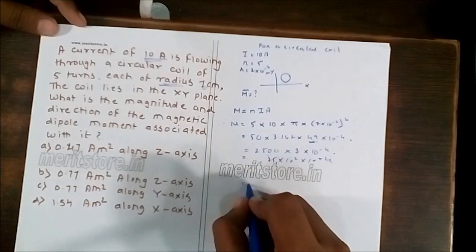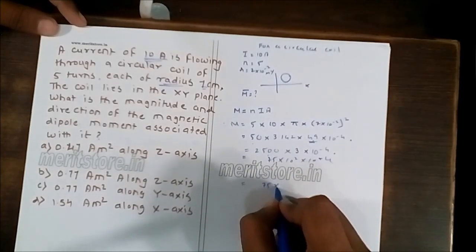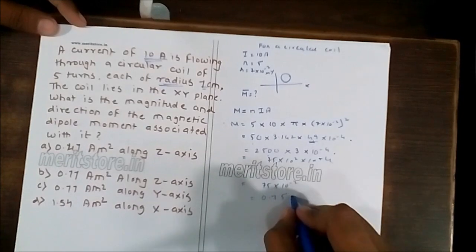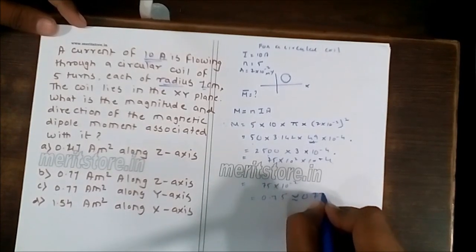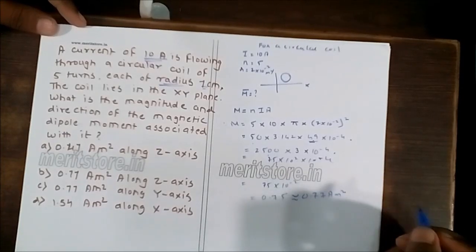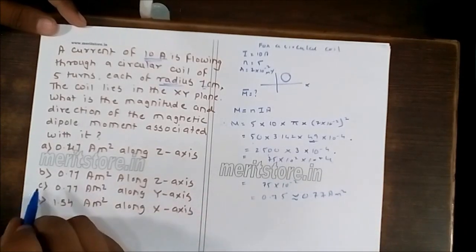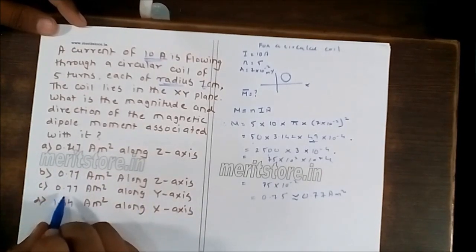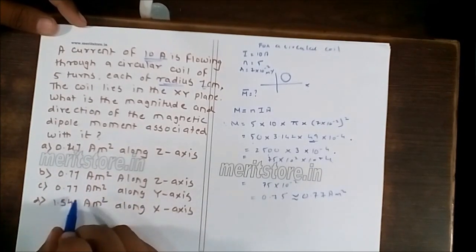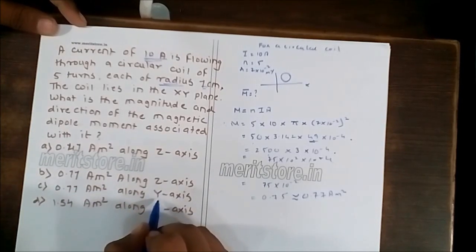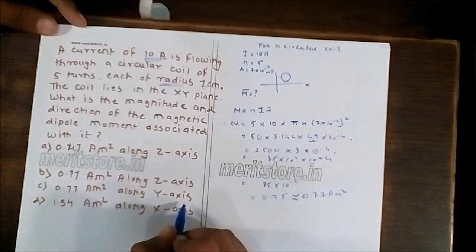So this becomes 10 raised to minus 2. So 75 into 10 raised to minus 2 is 0.75, close to 0.77 ampere meter square. Now there are two options. You see, option B as well as option C is 0.77, but one is in z axis, another one is in y axis.